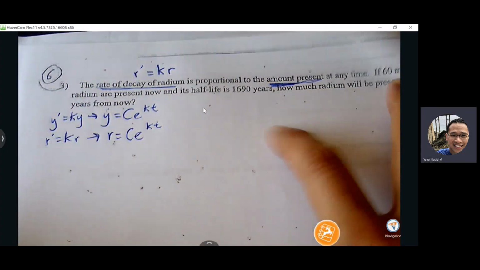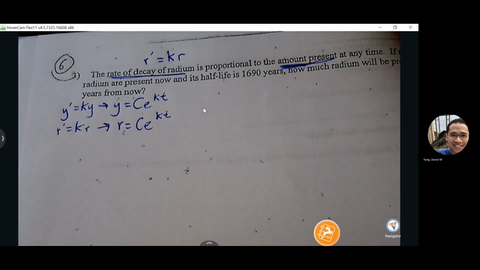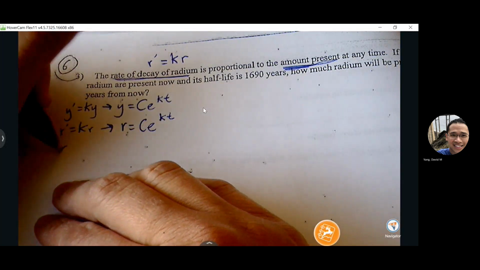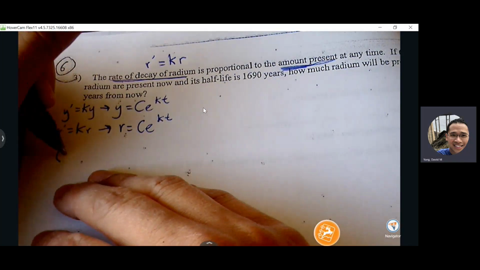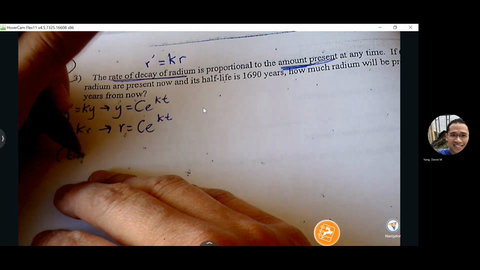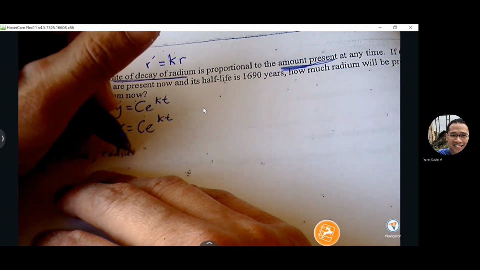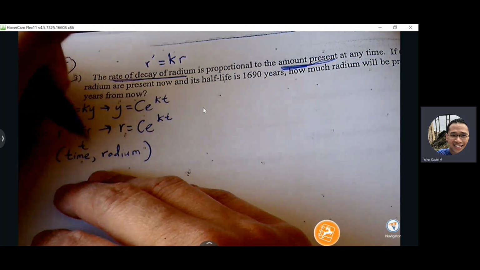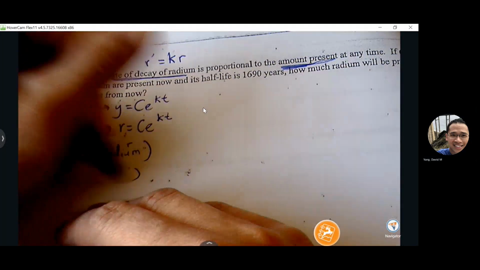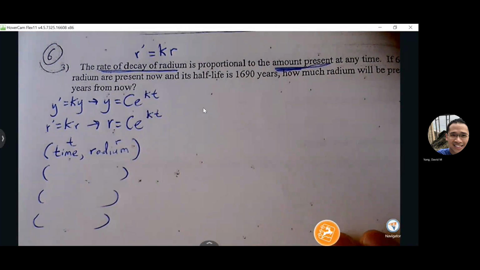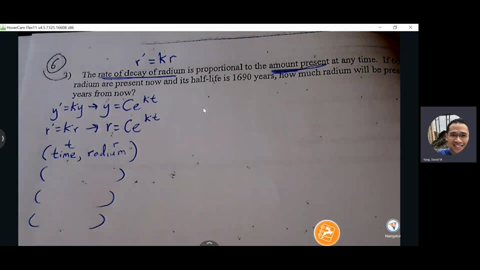So I like to create ordered pairs. So time is my independent variable. The amount of radium is my dependent variable. Okay, so we want to find the earliest time that's presented in the problem.